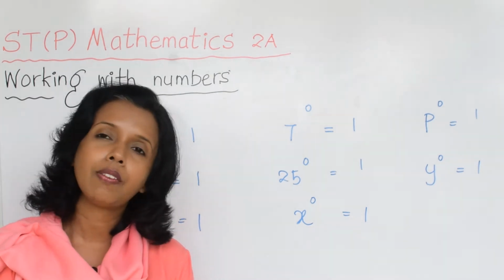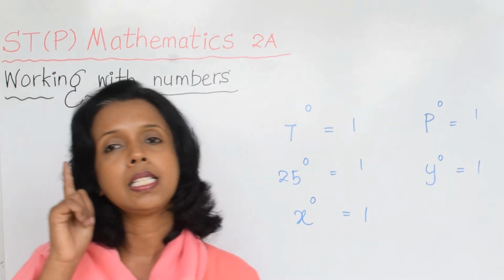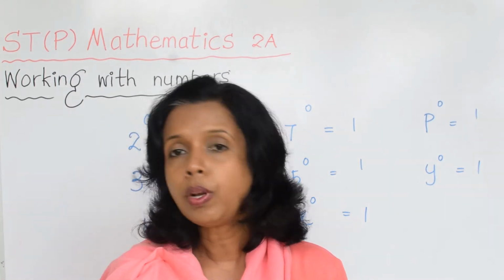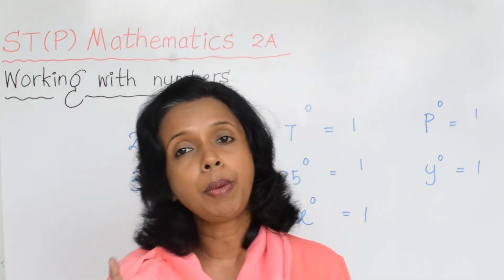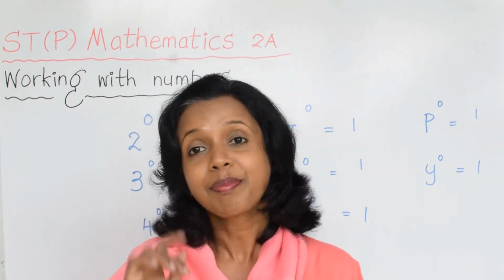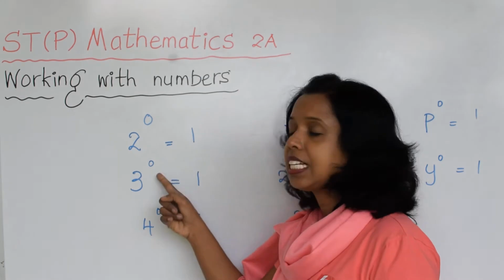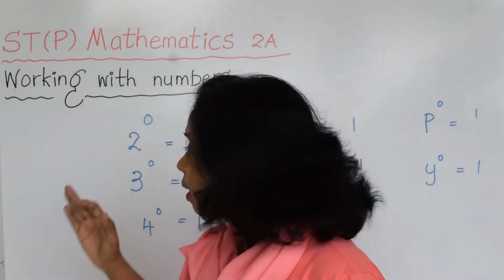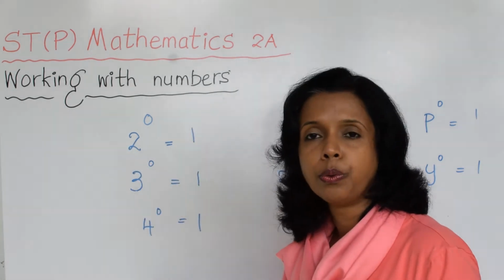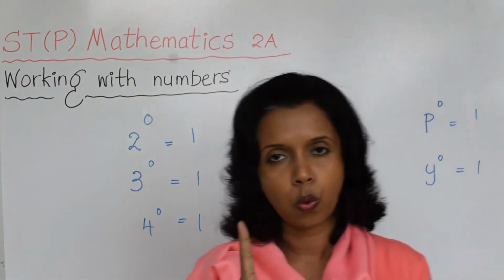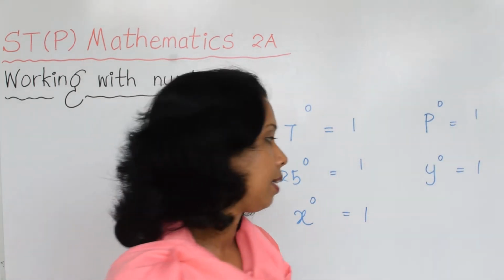Earlier what happened? If the index is number 1, what will be the answer? The answer will be equal to the base value. If the index is 0, whatever the base value, the answer will be 1. Okay, right.